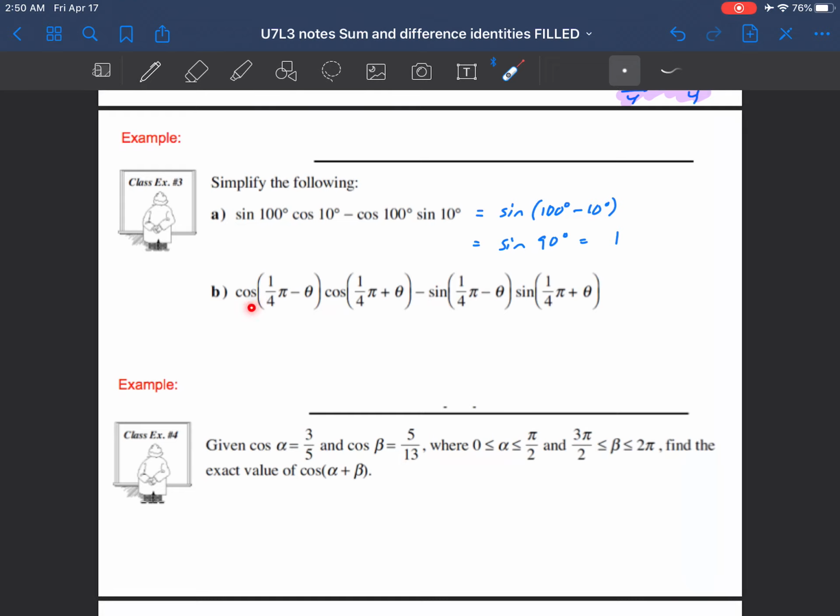This one, well, this is cosine, so it's a cosine identity. If this is a minus, it means it's a plus inside. So let's think of it this way.